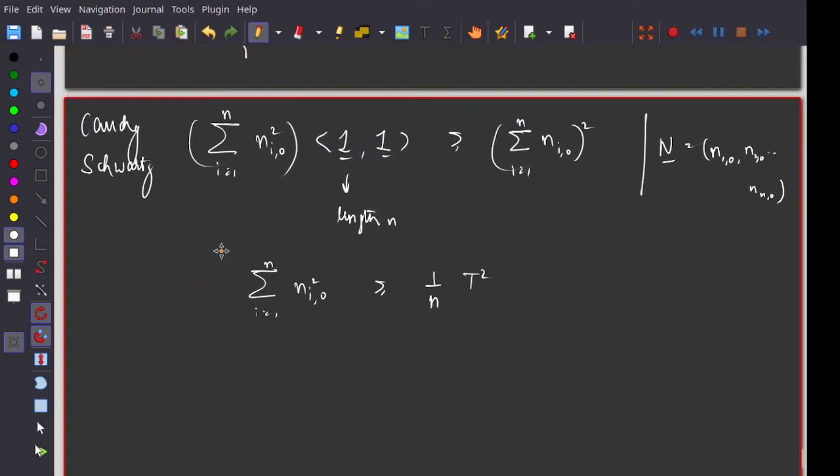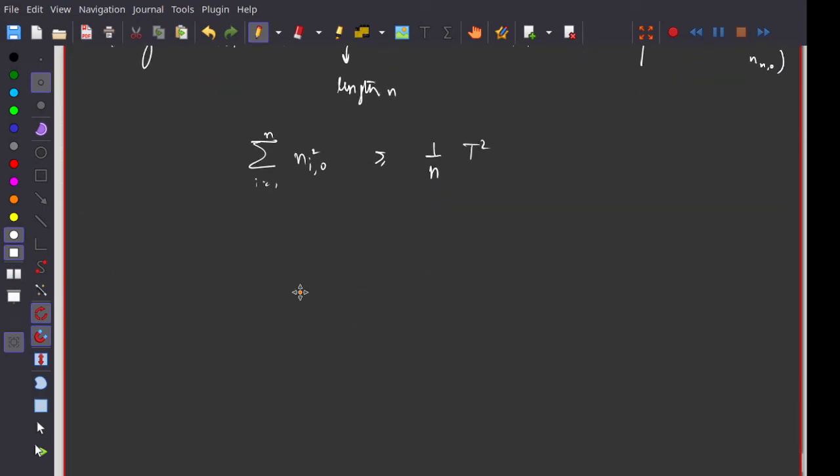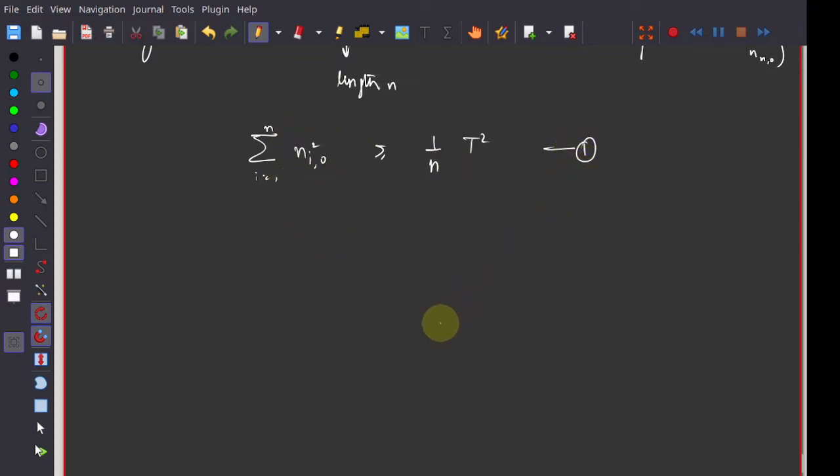And now I have another bound on summation overall alpha in Fq star of ni alpha square. So let's maybe list out everything that we have. So this is equation number 2.